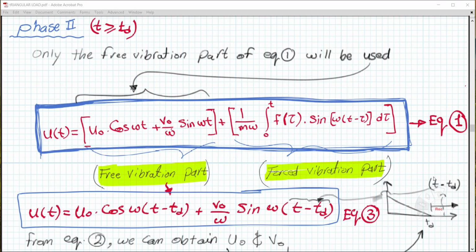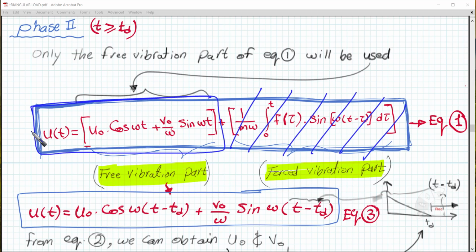So now we understood that we are not going to use this part, and we are going to use this part only for the representation of the force. Our equation in this case is going to be u of t, the dynamic response at any time. This time is going to be after TD. So after TD means that this point is going to be t minus TD, right?